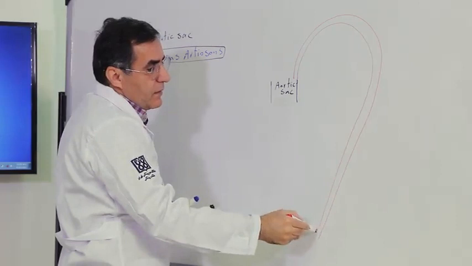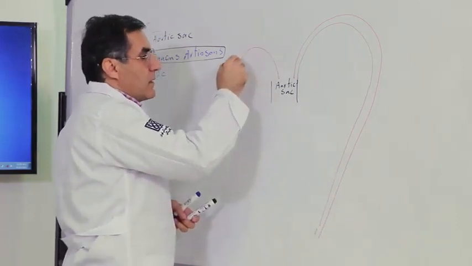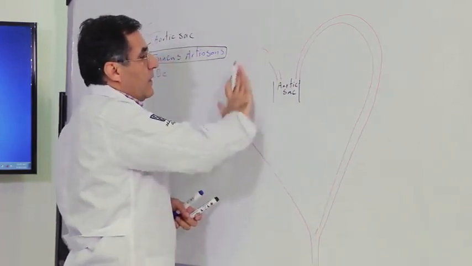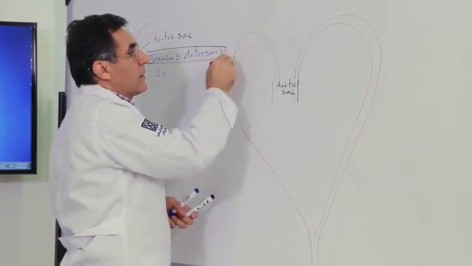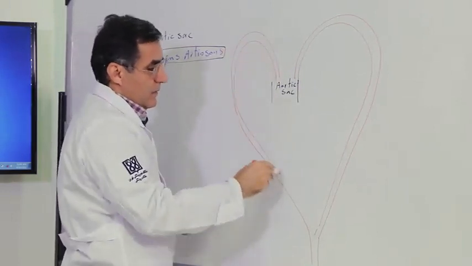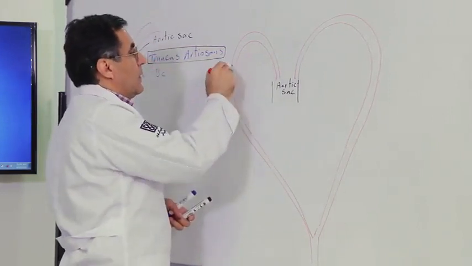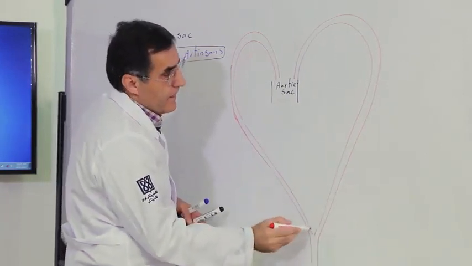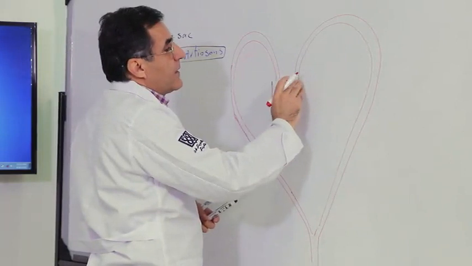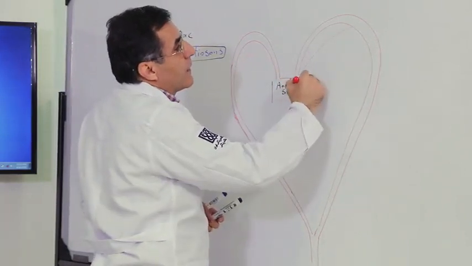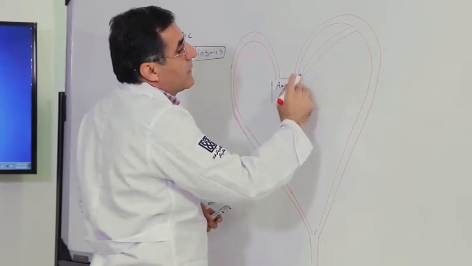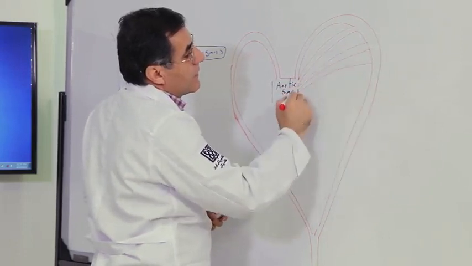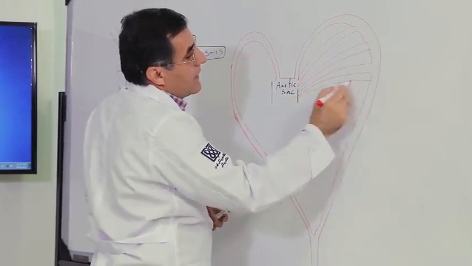Right and left aortic arches are forming here. This is the first aortic arch, the second one, the third one, the fourth, and the sixth.